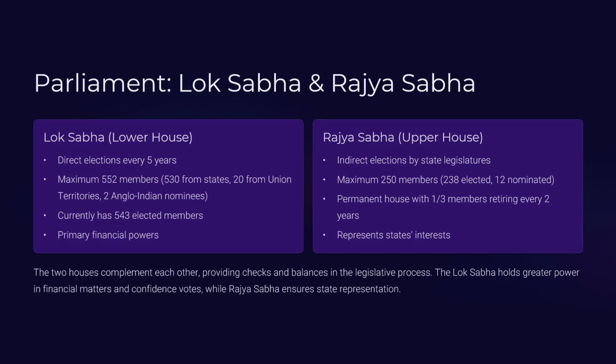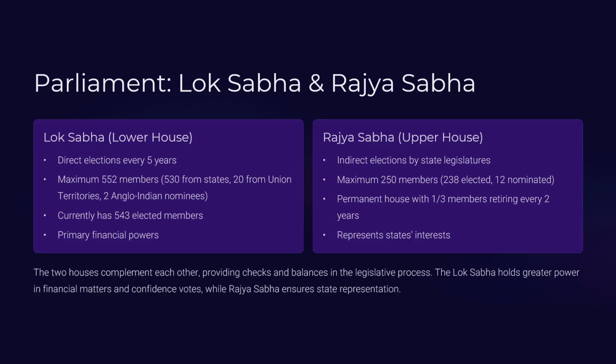It has primarily financial powers. Rajya Sabha is called the upper house. It is an indirect election by the state legislatures. The maximum number of members is 250, with 238 elected and 12 nominated.